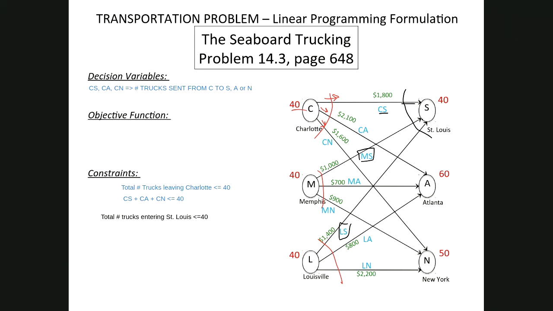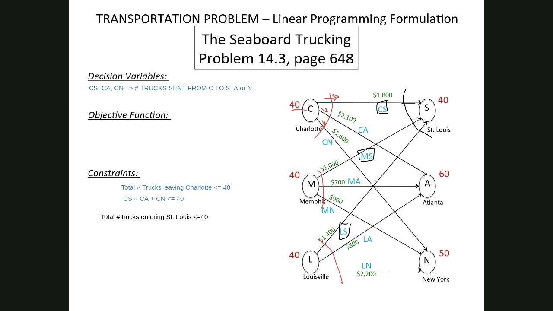So the trucks come into St. Louis from 3 locations. And so in terms of our decision variables, the total number of trucks entering St. Louis is CS plus MS plus LS.